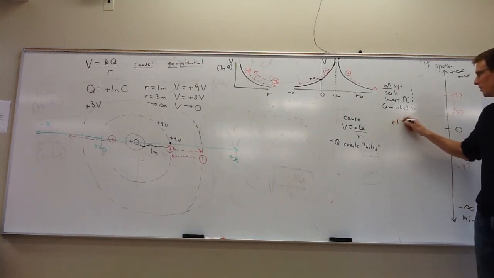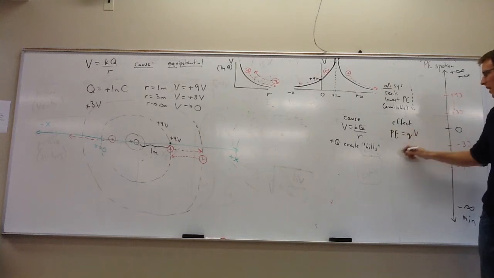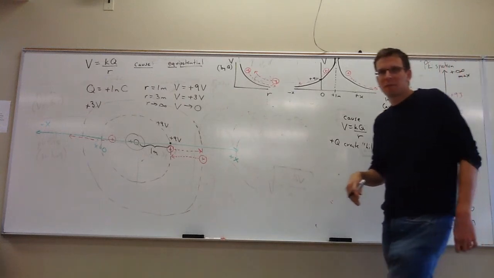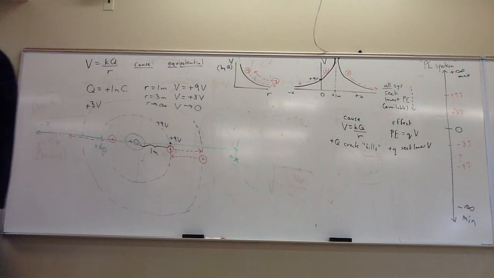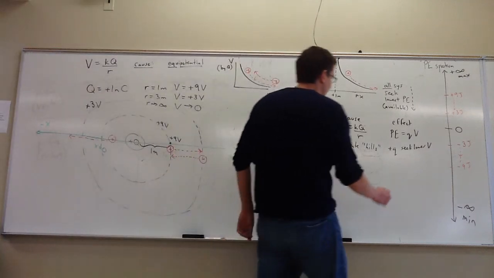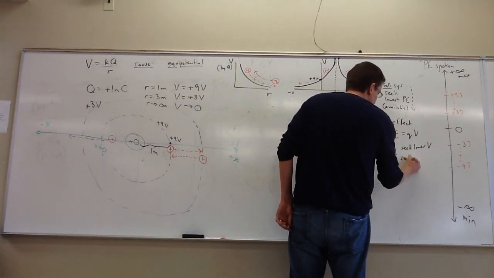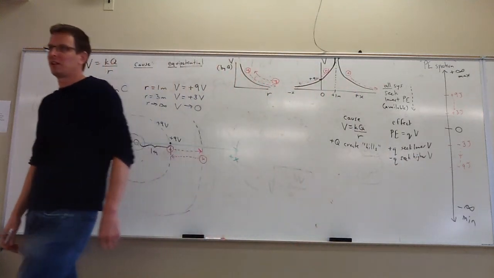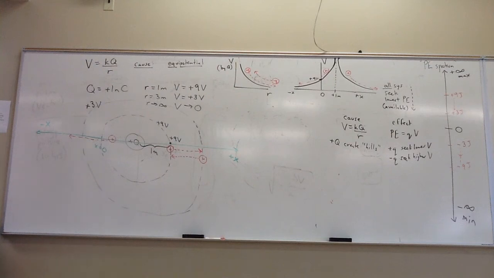So on the effect side, PE equals Q times V, we have that other positive charges seek lower voltage. They basically want to get away from the things that other positive charges make. Minus charges seek higher voltage because they, of course, want to get up those hills, because that's attracting to opposite charge.